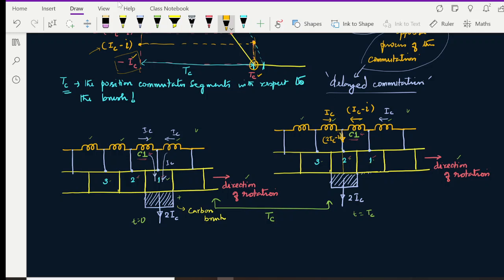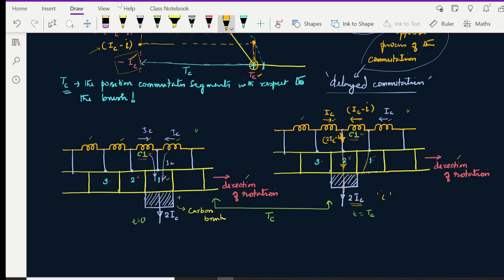But what is the current which is asked by the load? 2IC. So what is the deficit current? Deficit current is I, correct? So that tries to come out from here and reach this brush, but we do not have any electrical connection.